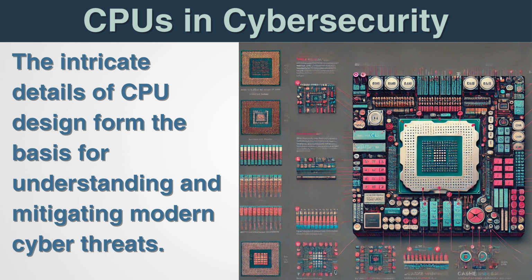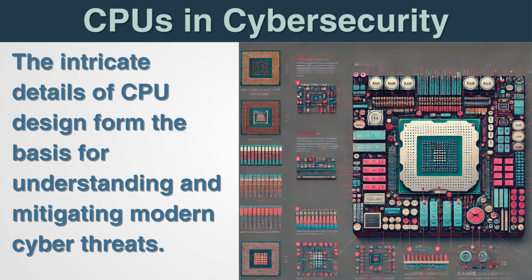For cybersecurity professionals, the intricate details of CPU design, from fundamental components like the ALU and caches to advanced features like simultaneous multithreading and hardware virtualization, form the basis for understanding and mitigating modern cyber threats.